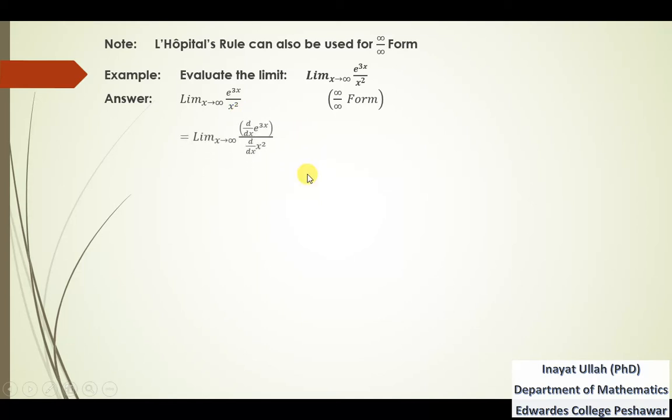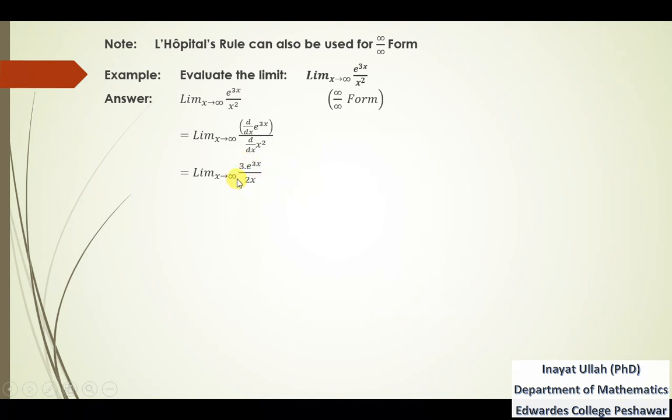And what is that rule? Find the derivative of the numerator and the derivative of the denominator as well. The derivative of e power 3x, we know, is 3 into e power 3x, and the derivative of x square is 2x. Now again, if you replace x by infinity here, e power infinity is infinity, and this whole numerator becomes infinity.